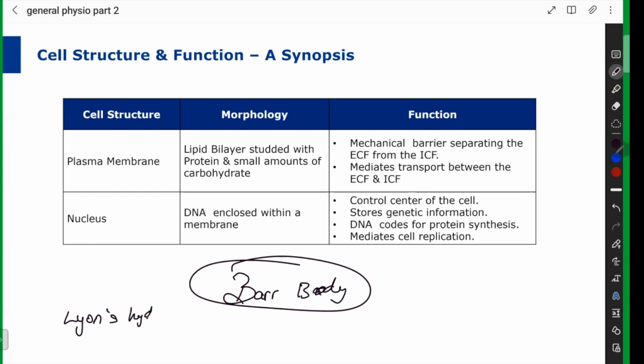So what does your Lyon's hypothesis tell us? Heterochromatinization of the X chromosome is a random process. If a single dose of X-linked genes were sufficient, no deleterious effect would be expected in monosomy of the X chromosome, that is your 45X. But Turner syndrome females have severe somatic and gonadal abnormality.